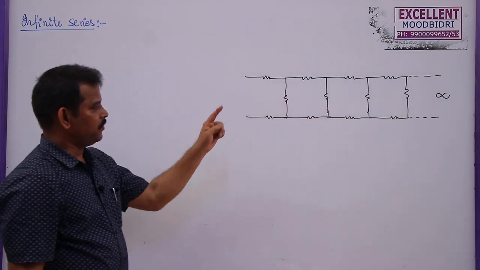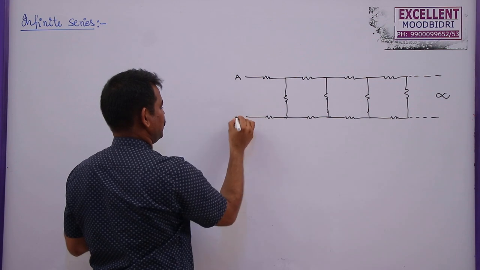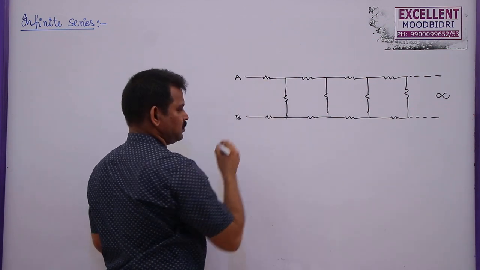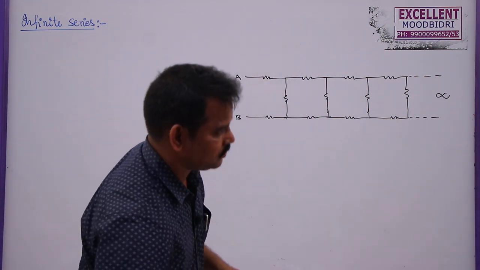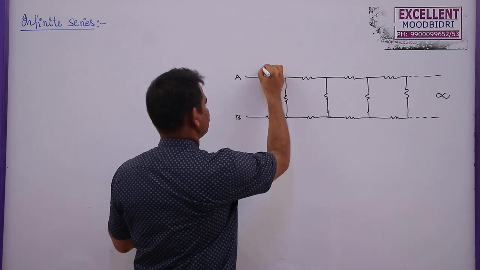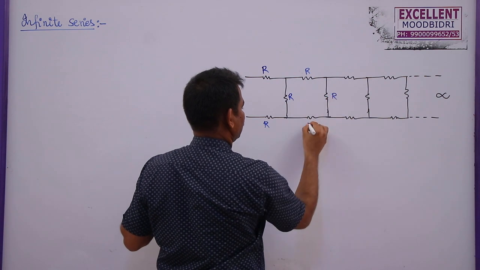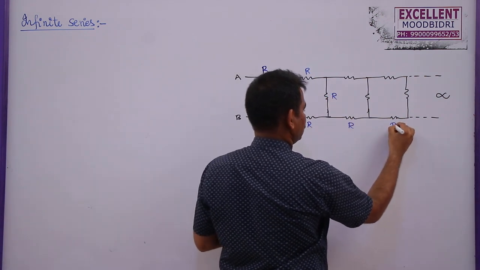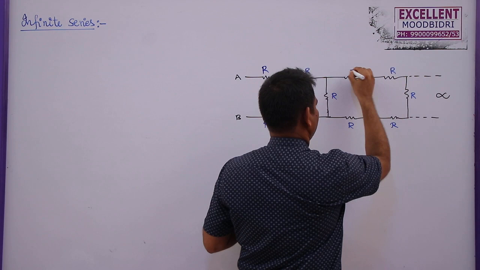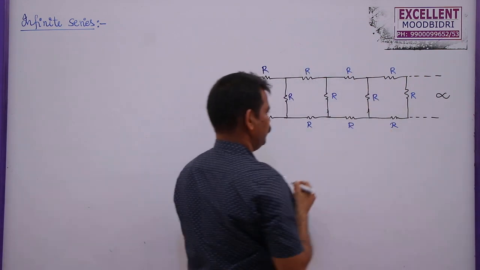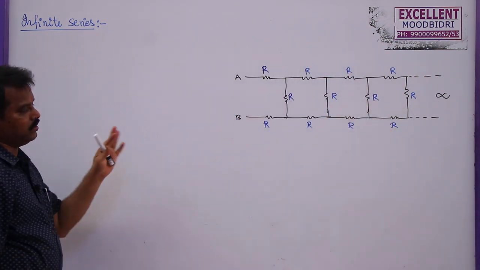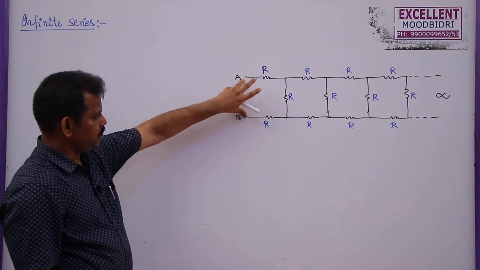So this is an infinite series with the points A and B, and the resistors in this circuit are given as each resistor is equal to resistance R, R, R, R, R, like this. Now, how to find the resistance between points A and B?